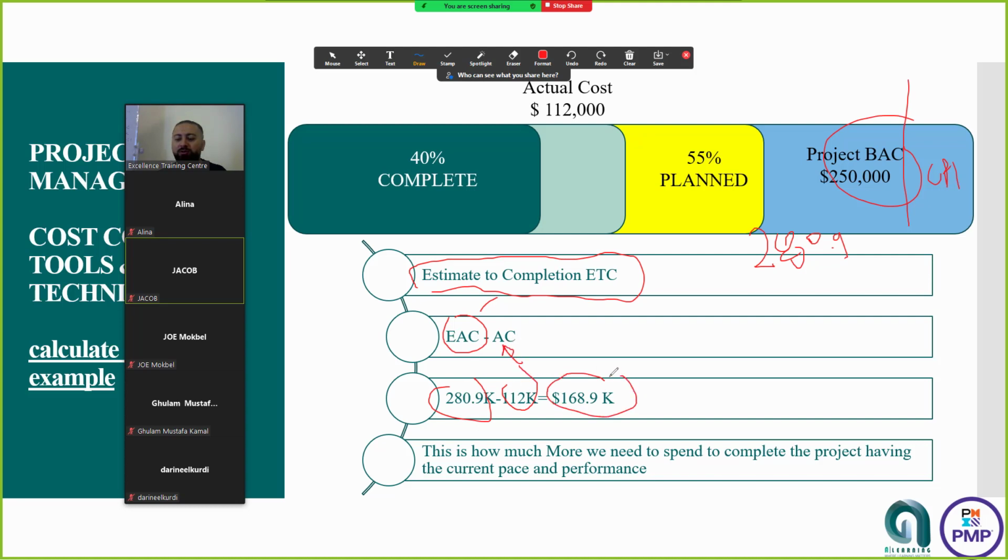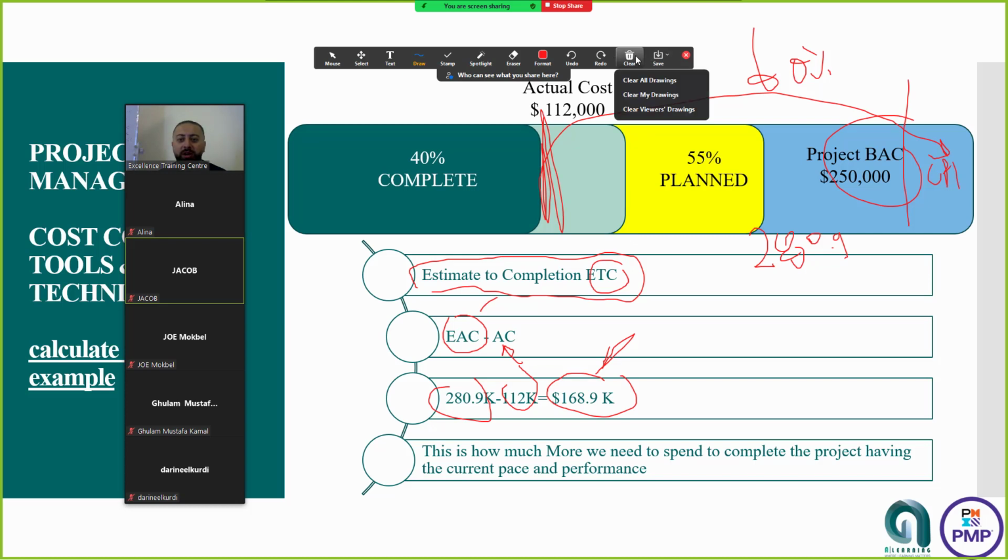You will know that you need an extra $168K compared to what you have now spent, and this will be the amount that you need to complete the remaining 60% from the 40%. It is very important to know that this is to complete, meaning starting today to the end of my project, what is the remaining budget that I have to spend.